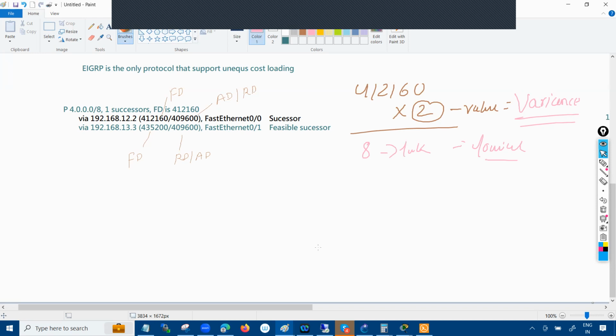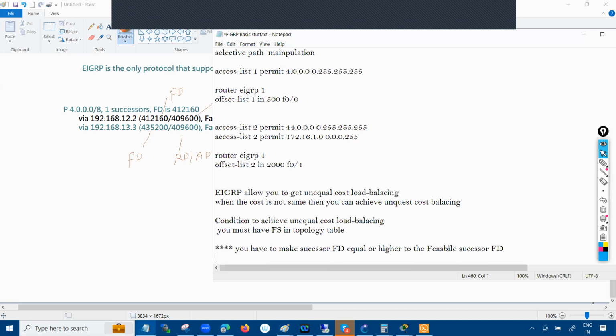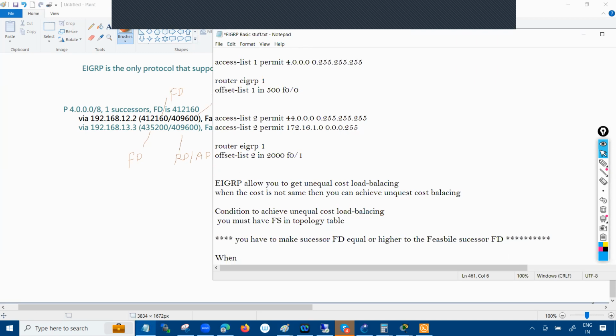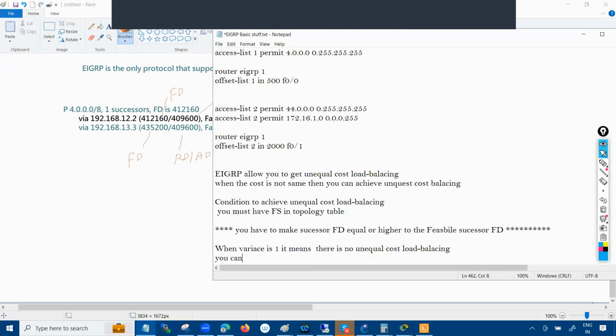So remember one thing: when variance is 1, it means there is no unequal cost load balancing. You can change it up to 128 on iOS.